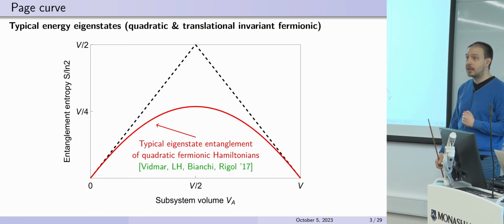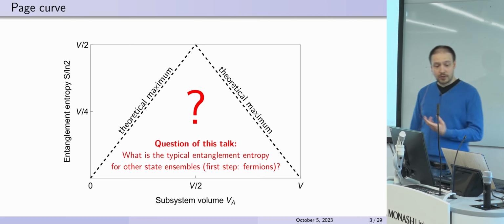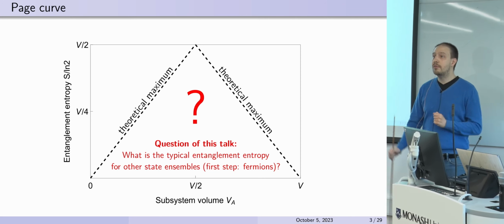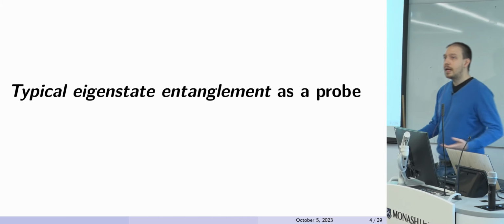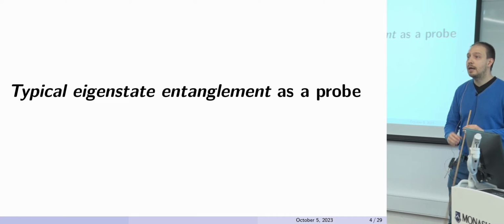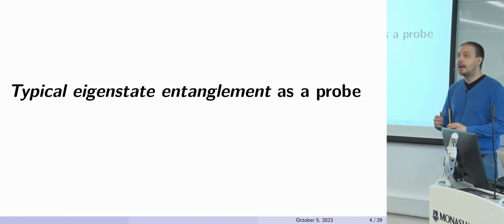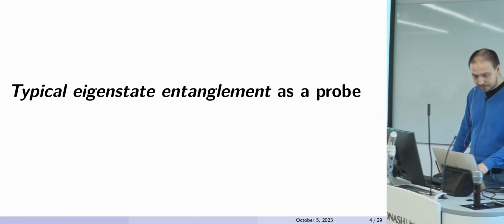And the question of this talk is, what is this typical entanglement entropy for other ensembles, particularly focusing on fermions, and what can we learn from this? So the philosophy is, can we use these curves and the both analytical and potential numerical understanding of the entanglement entropy as a probe so that it teaches us about physics?